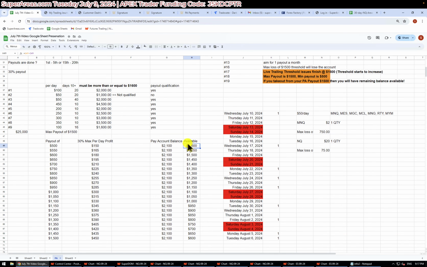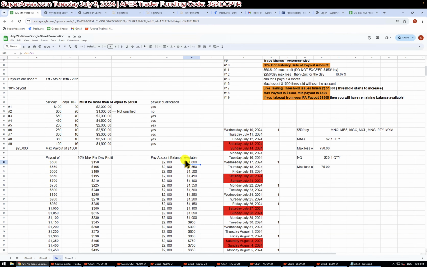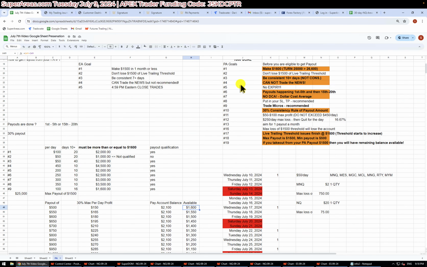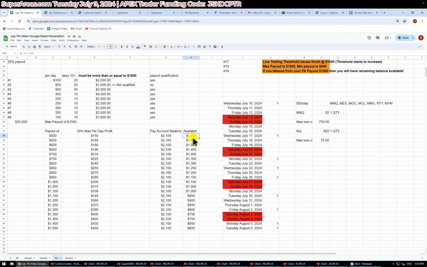And for the next round of payout, you have to do the same. After a payout, you have to make again $1,600 and then build your 10 days of trading period. That doesn't change payout to payout. So everything is the same in round 2, round 3, round 4. But your trailing threshold stops at $1,600.